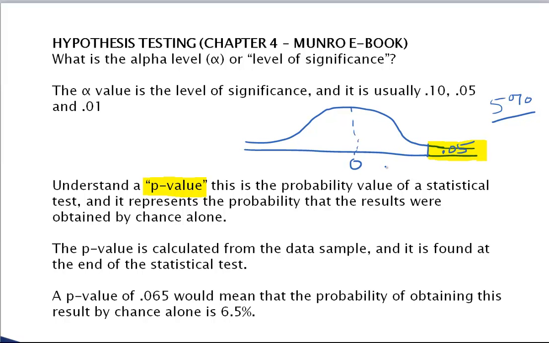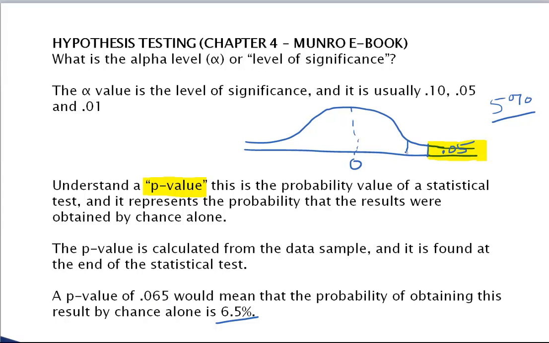And they're going to fall someplace else. So it's very significant. It's significantly different. And a p-value, if we had this as our significance or critical value cutoff area, and we calculated and we got a probability of this occurring as 0.065.